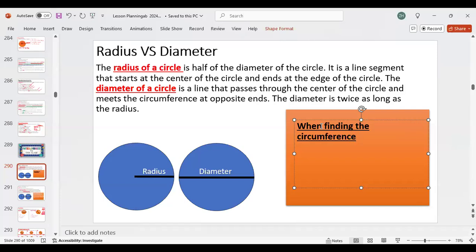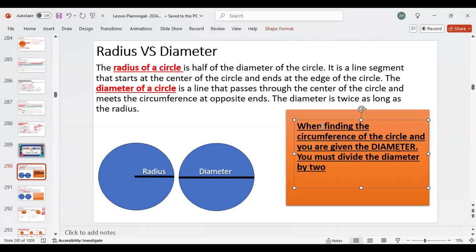So when finding the circumference of the circle and you are given the diameter and not the radius, the first thing you must do is divide the diameter by 2 in order to use the formula.